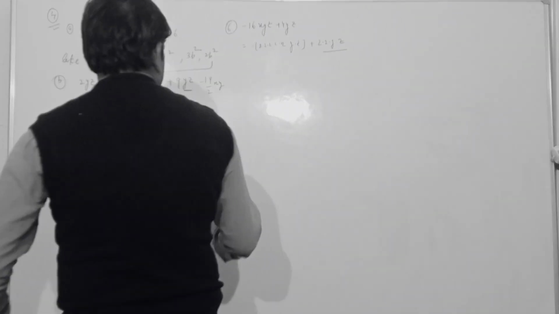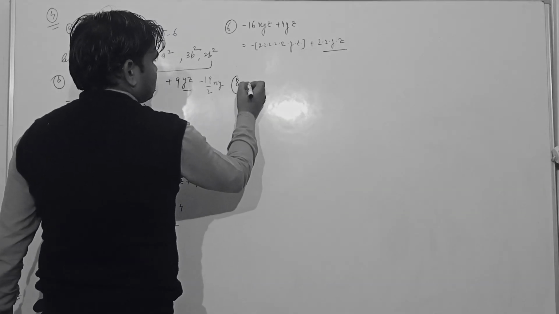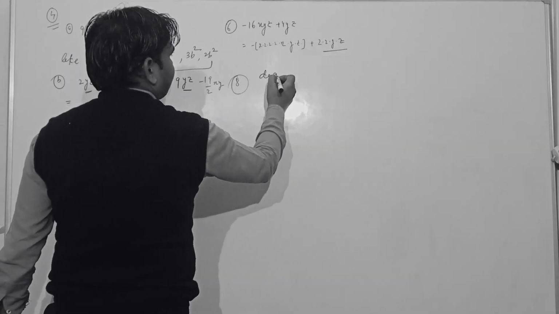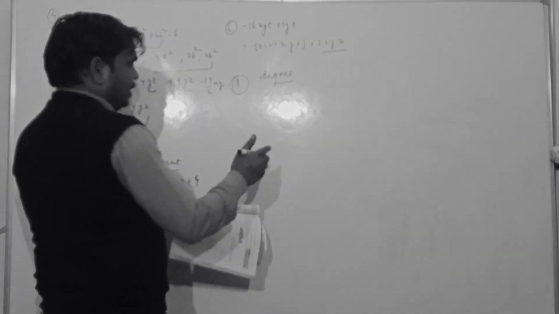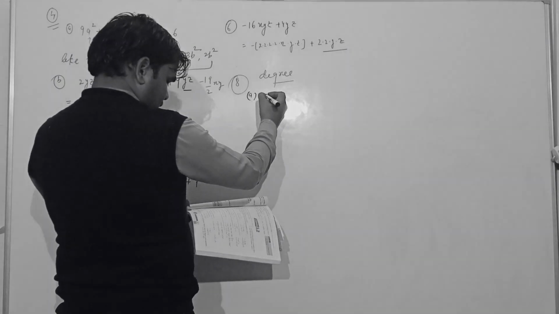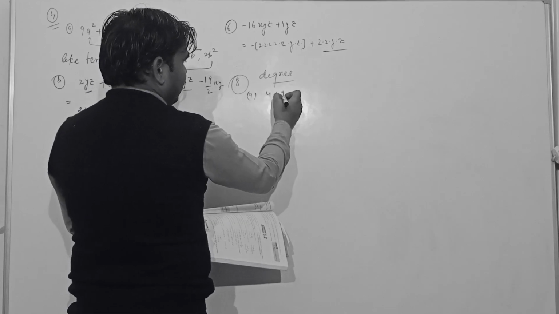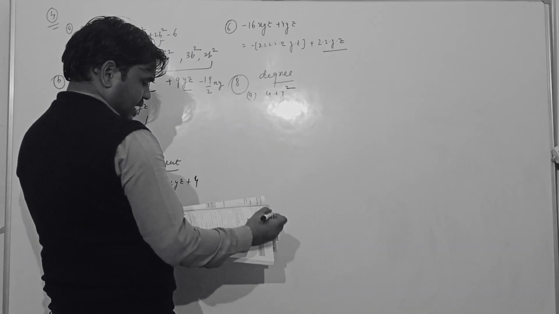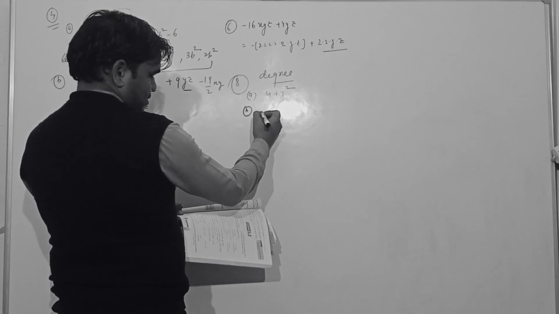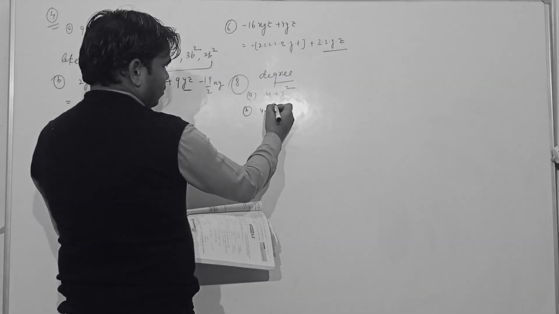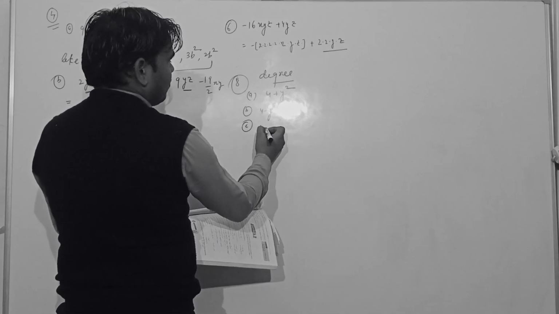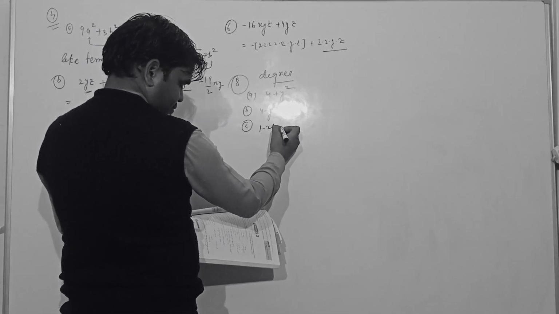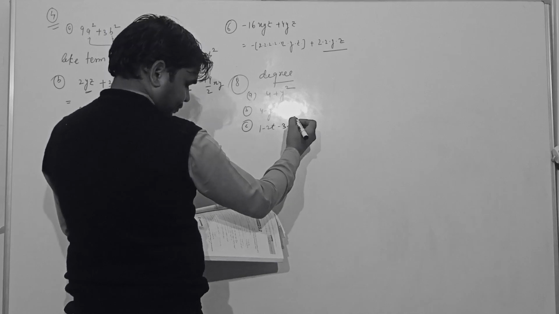So here is question number 8, write the degree. Part A is 4 plus y square, part B is 4 minus y cube, and part C is 1 minus 2t minus 3t cube.